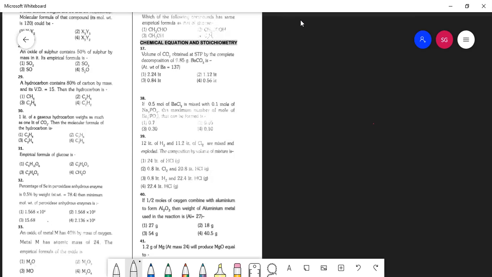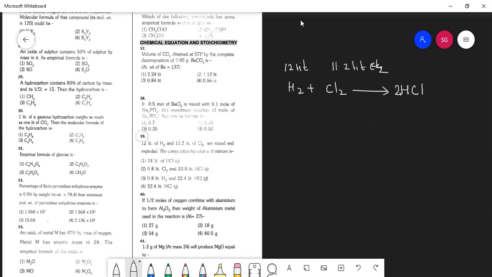Look at this question number 39. It will explain you something. What they have given: 12 liters of H2 plus 11.2 liters chlorine, and I know H2 plus Cl2 gives 2 HCl.